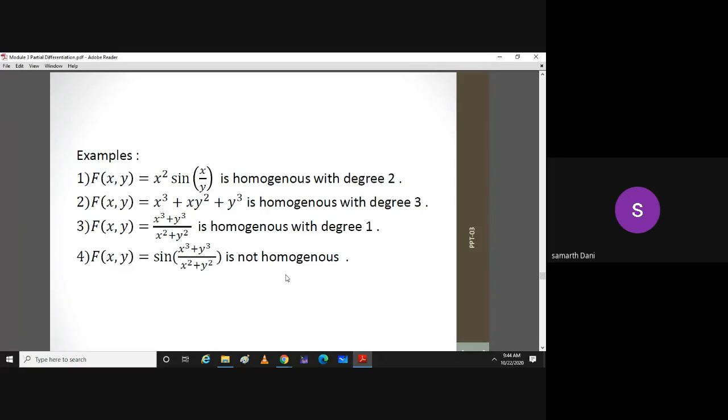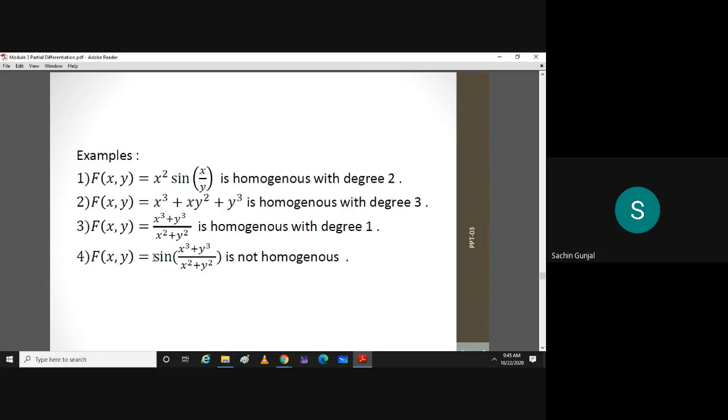Now if I replace x cube plus y cube by x square minus y square, what can you say about that function? That will be homogeneous. Good. And what will be its degree? 0. Good.